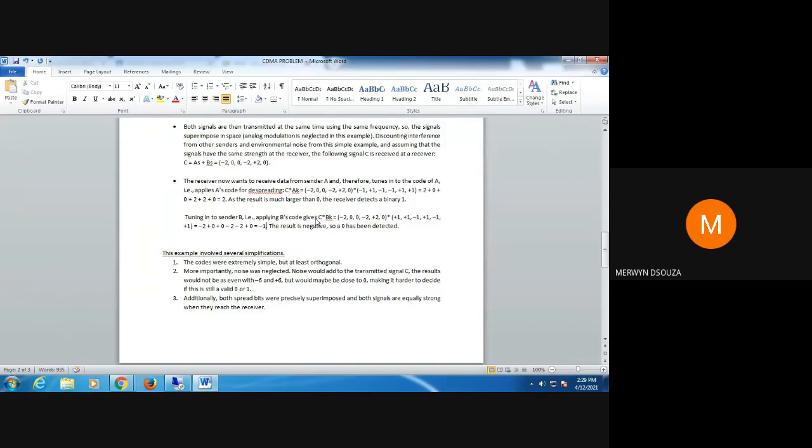Then it would be more difficult to decide whether I'm getting this 2 because of the actual signal or because of the noise, so I would be confused whether it should be interpreted as +1 or as 0.